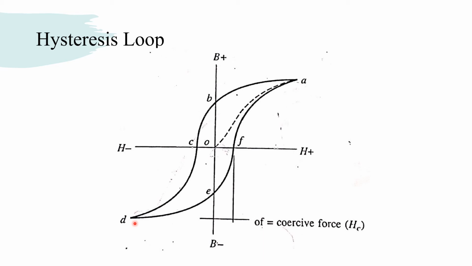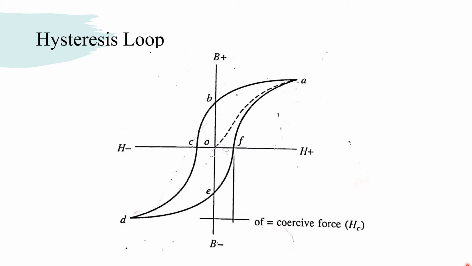The loop is generated by measuring the magnetic flux of a ferromagnetic material while the magnetizing force is changed.